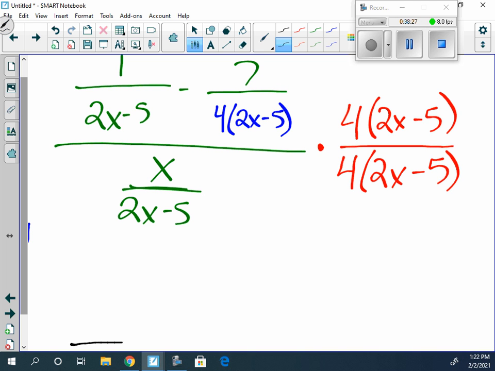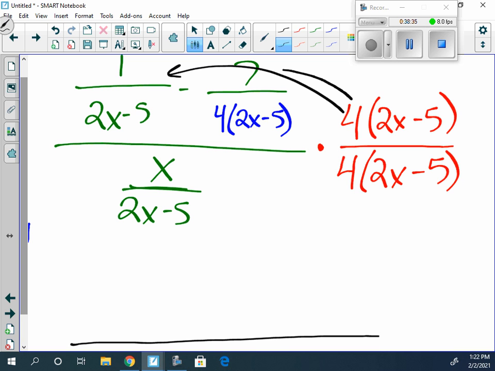For spacing, I'm going to do the numerator first, just down low, and then I'll scroll up for the denominator. So when we multiply this, we're going to multiply it by the tops of these fractions. Well, when we multiply with 1, it's going to be 4 times 2x minus 5 over 2x minus 5. Minus.